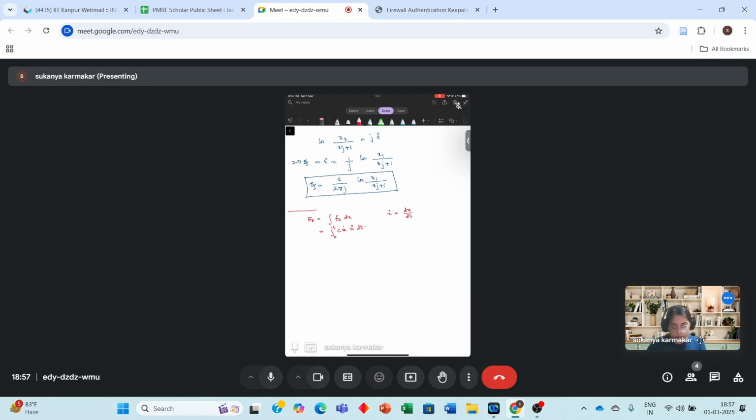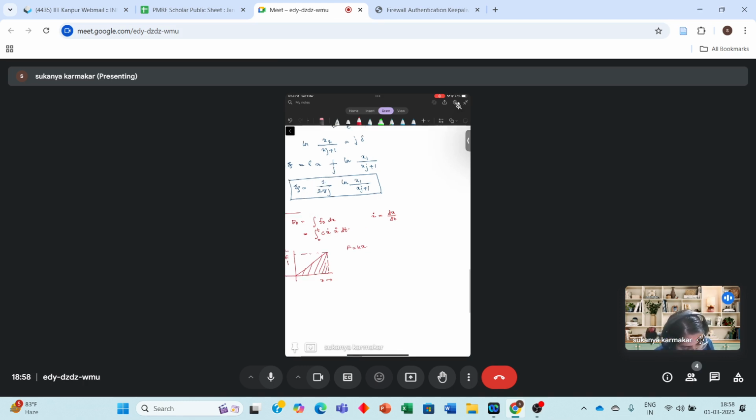And when you integrate this, one more doubt was asked, that the energy is half into F. Let's assume a simple case: this is the x axis, this is the F axis, and F is k into x. If you have to calculate the energy dissipation, it is the area under this triangle. At this point, if the force is capital F and displacement is capital X, it is half into F into X. But you can get this from integration as well.